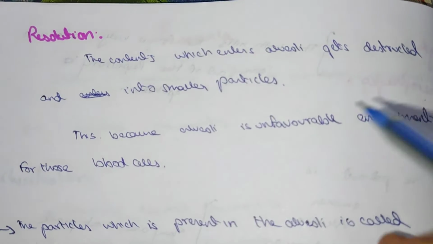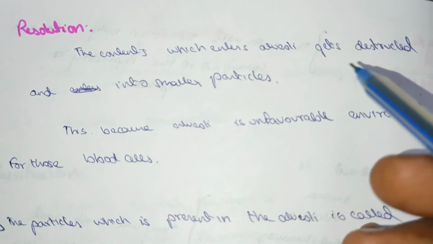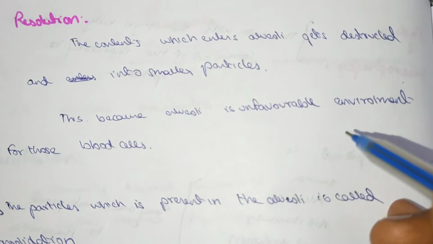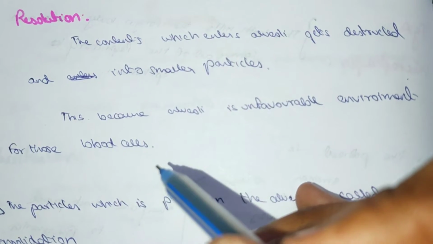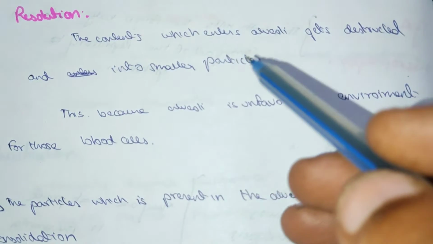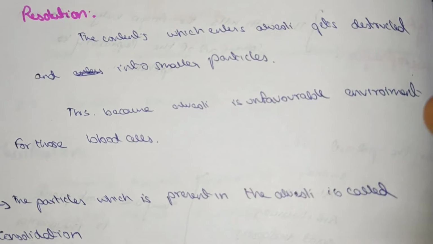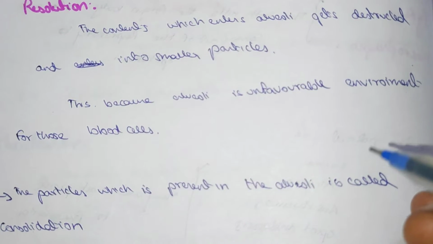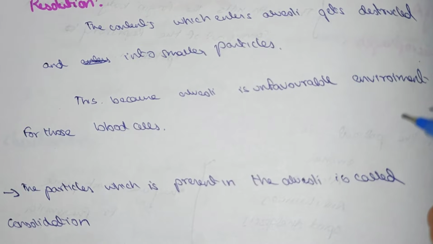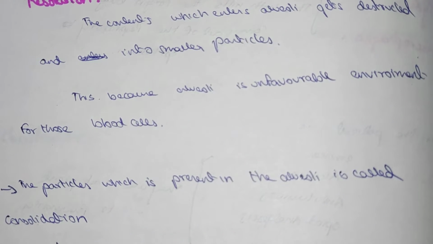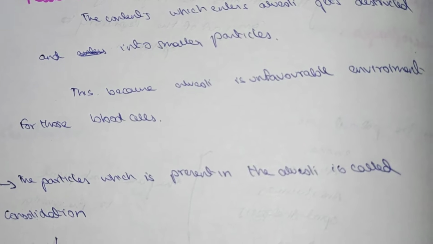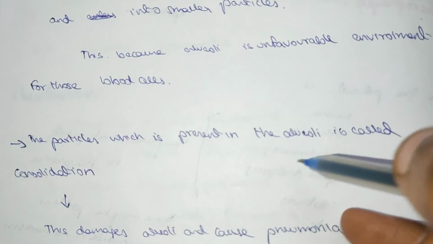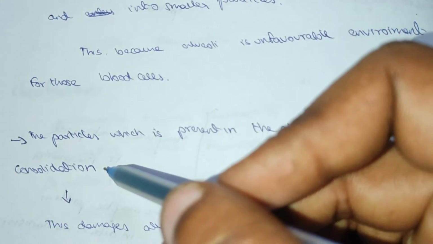Now, the stage of resolution. The content which entered the alveoli gets broken down into smaller particles, because the alveoli is an unfavorable environment for those contents. The alveolar and capillary environments are not the same, so the contents get destroyed into smaller particles, and these particles present in the alveoli are known as consolidation.